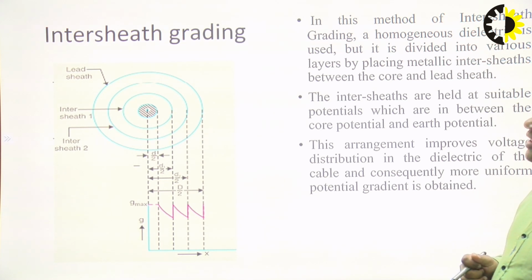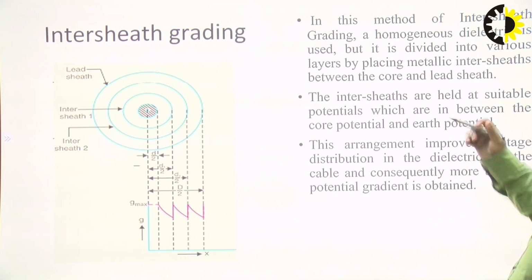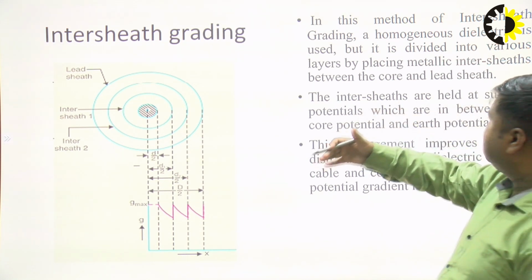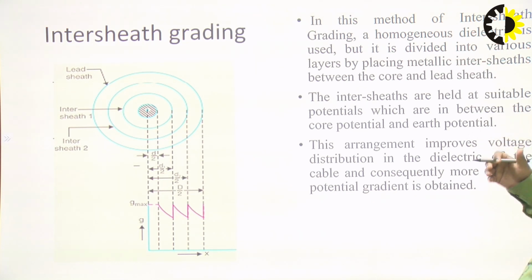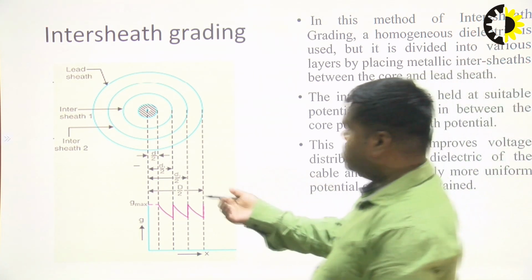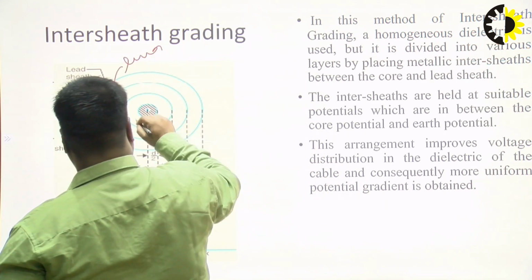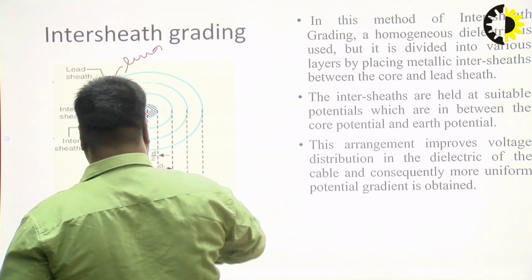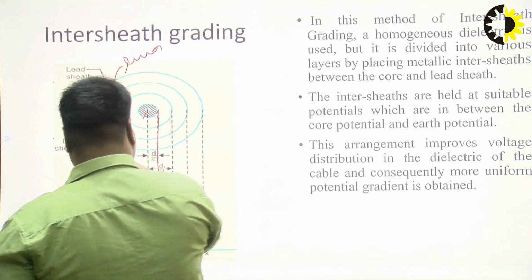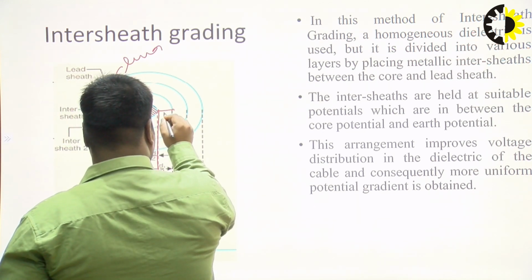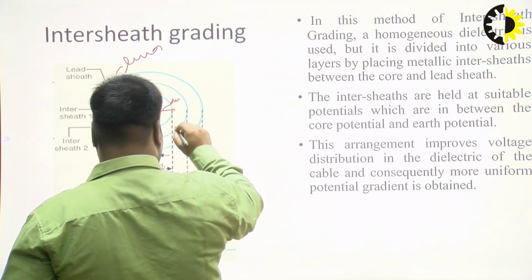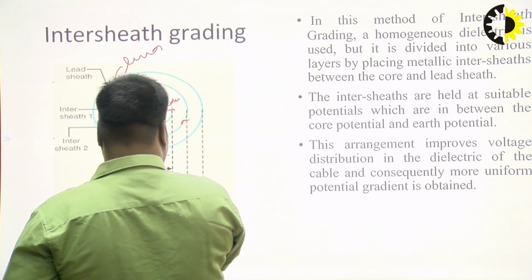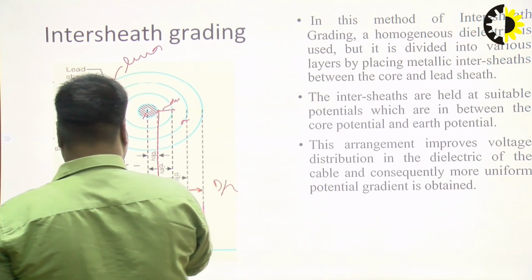So when we see intersheet grading, in this method a homogeneous dielectric is used, but it is divided into various layers by metallic intersheets between the core and the lead sheet. This is the lead sheet, and this is the core part. So the different calculated parameters: this is d by 2, this is d1 by 2, and this is d2 by 2, and this is total D by 2, and G max is the gradient.